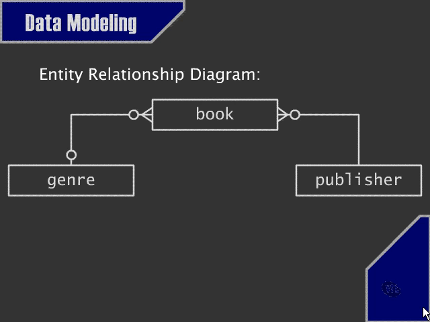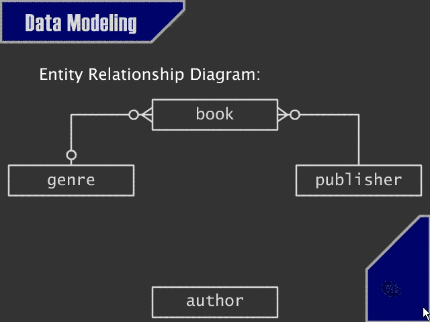Therefore, I'm including a little circle there to show that it's optional at both sides of the relationship. However, it's still the same kind of one-to-many relationship. One genre, many books. We could go further and complicate that to say that a book can cross between two genres, but I think that's better exemplified by the author entity.